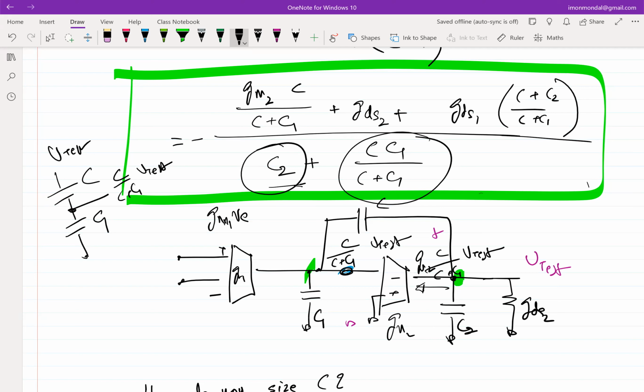So now if I have to find out the impedance, what am I seeing? The effective conductance that I am seeing, V test over this I, because of this, will be GM2 times C by C1. Correct? And that is what you see here.